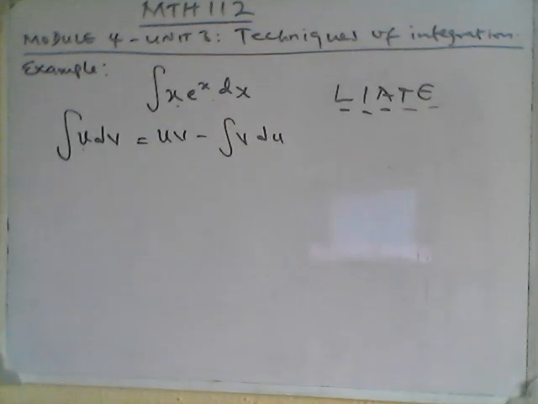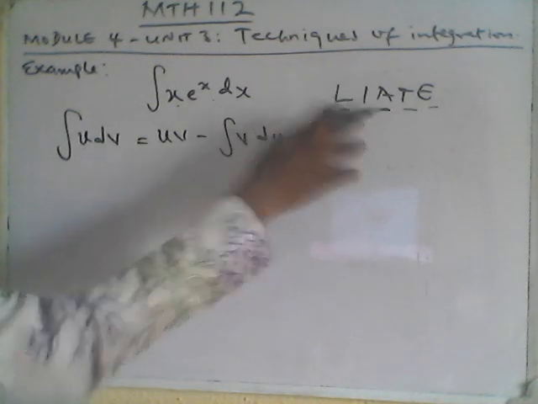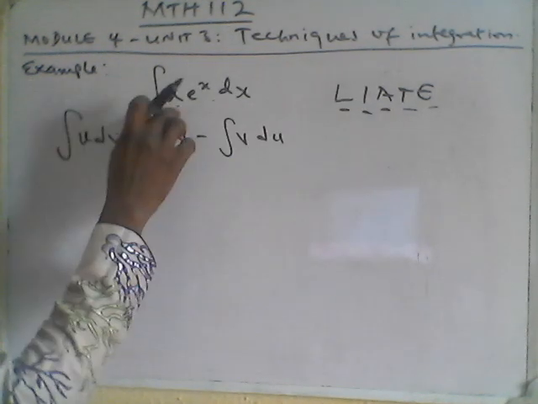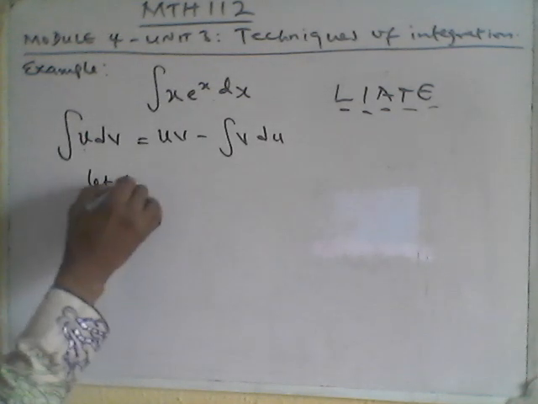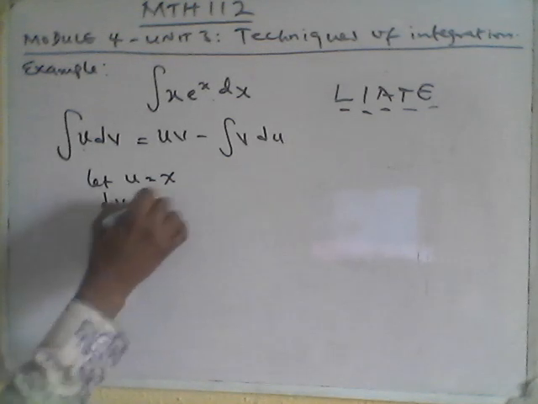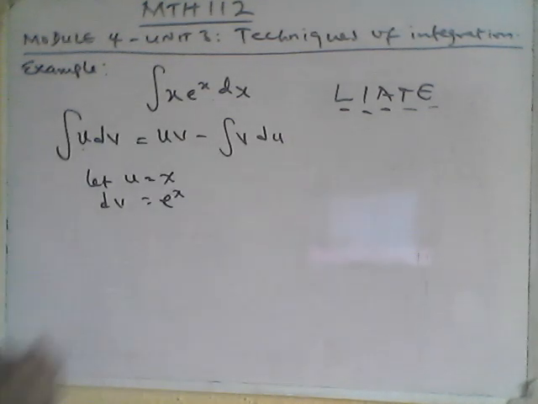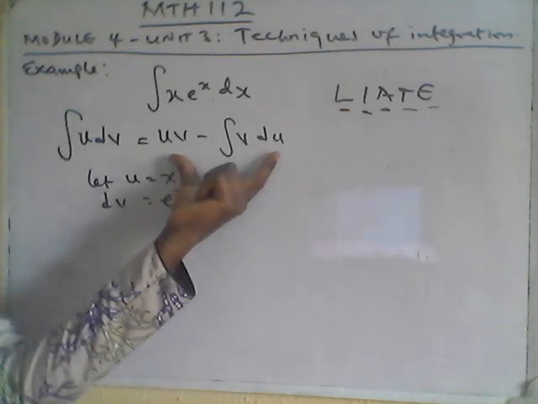Okay, so I see that I don't have log, I don't have inverse trigonometry in this expression, but I have algebra. So this algebraic expression, x, let u be x, and the dv part is the other one, exponential x. So I'm going to just put everything into this expression.